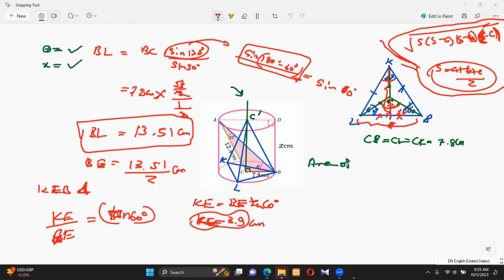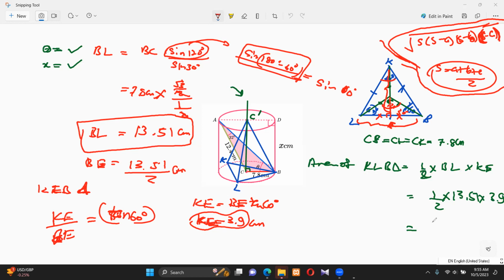Area of the KLB triangle equals 1/2 times BL times KE. All these are known now. BL equals 13.51 times KE equals 3.9; you can compare whether they are correct.